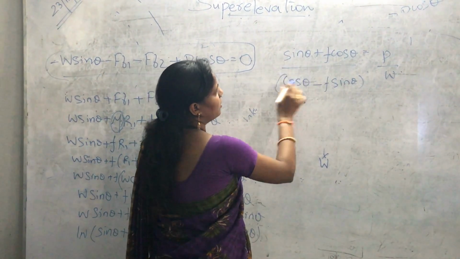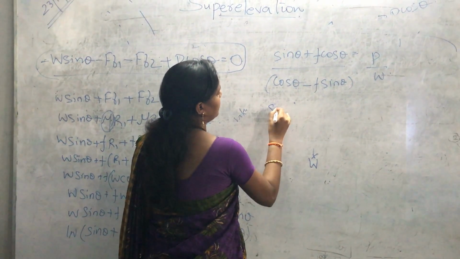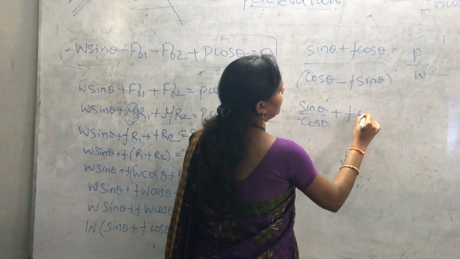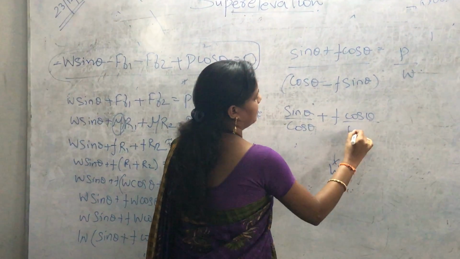Divide the whole term by cos theta, sin theta by cos theta, in order to get the superelevation.